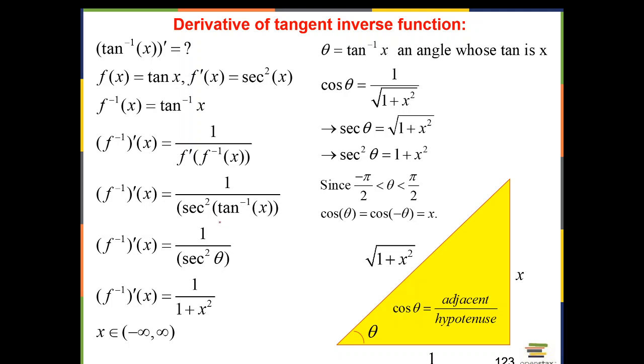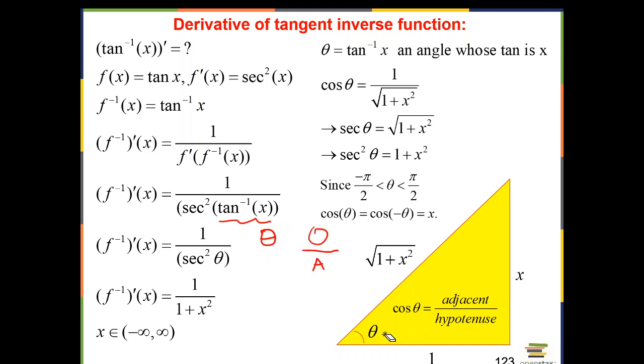And the tangent inverse again is an angle whose tangent is x. Again, we use the same trick. We have a right triangle and we need an angle whose tangent is x. What's the definition of tangent? Opposite over adjacent, right?